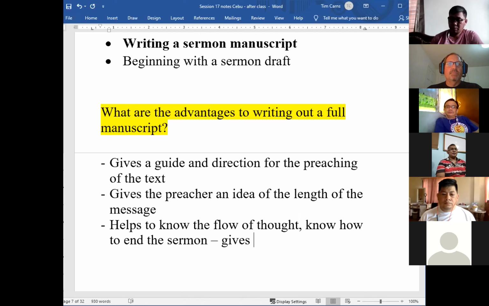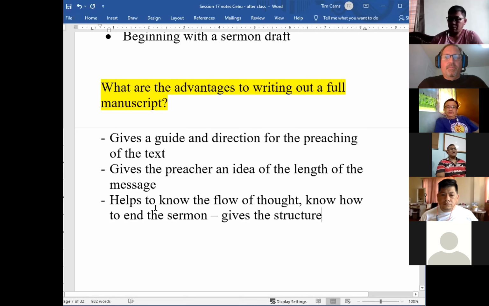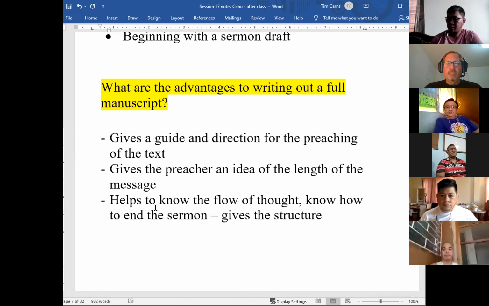Yeah, it gives the sermon structure. So you know the flow of thought. You know how to end the sermon because you've thought it all through. It's not new thoughts as you're preaching, but you've really thought through each point that you want to make and how you would like to begin and end the sermon.